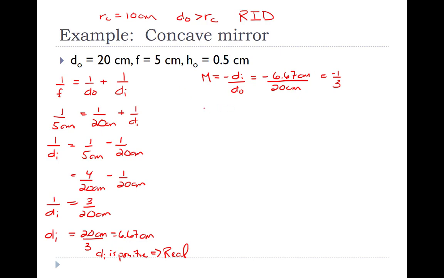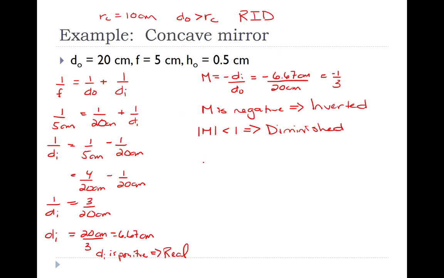Okay, so now I see that M is negative. Because M is negative, that tells me I am inverted. And again, the absolute value of M is less than 1. I have a fraction here. That tells me it is diminished.